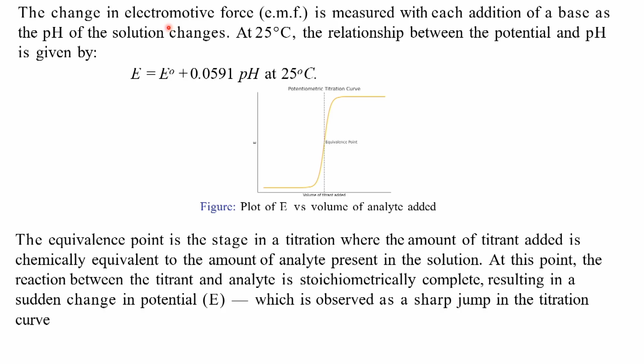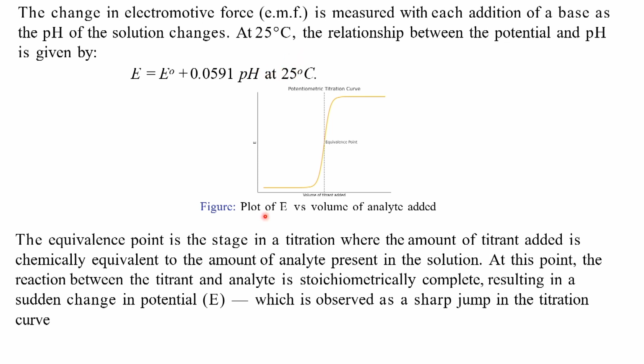The change in EMF is measured with each addition of base as the pH of the solution changes. At 25 degrees Celsius, the relationship between potential and pH is given by E = E naught minus 0.059 pH.